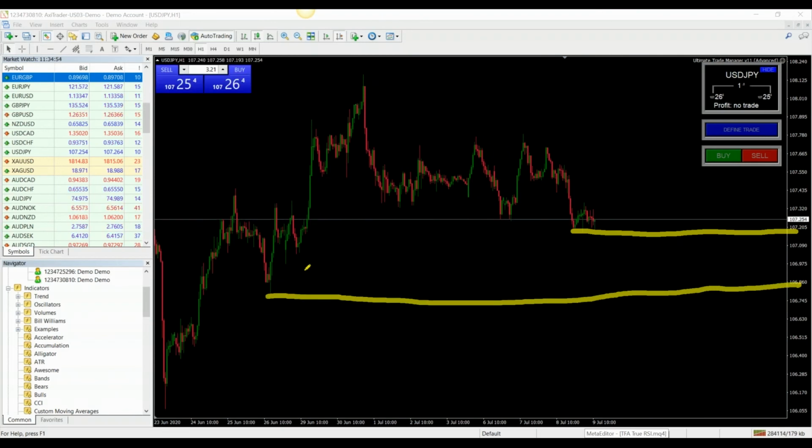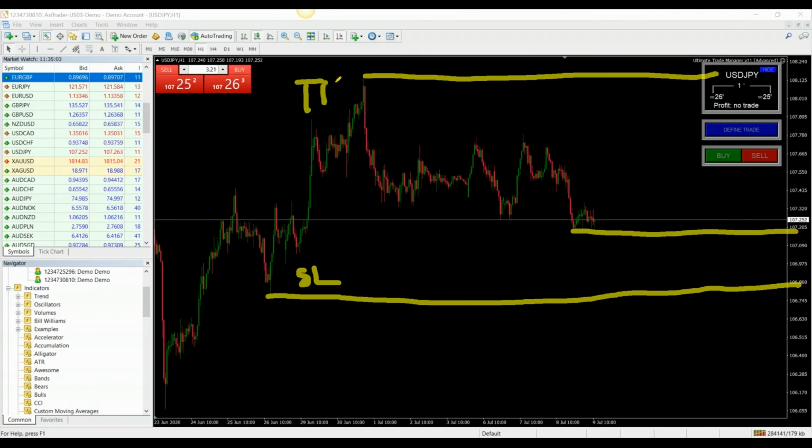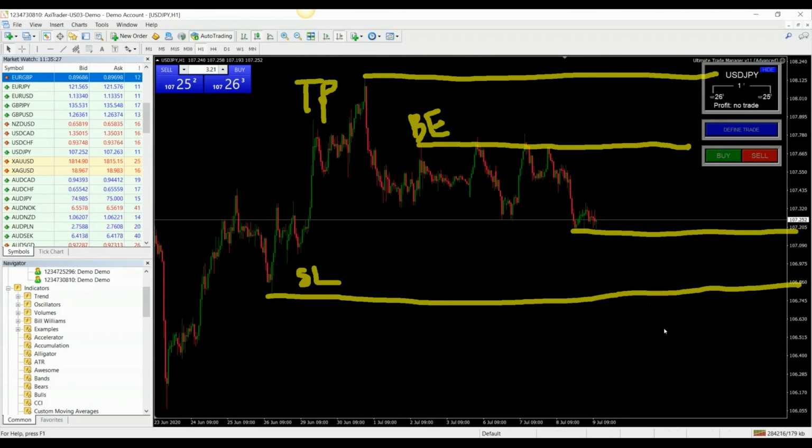This is my stop loss. This is my take profit. Where I would put my partial profit, I would put my partial profit around here, and my break even around here. Now, why would I put my partial profit and break even around here?